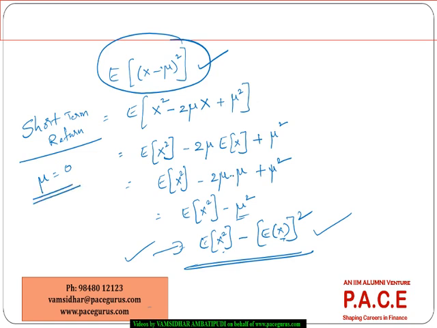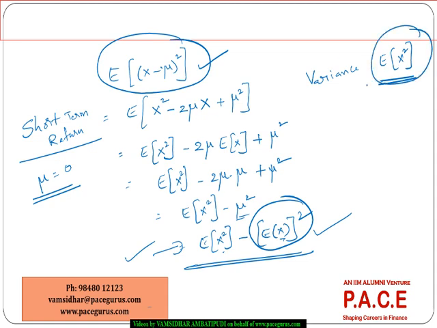If the mean return is zero, then this part becomes zero. So variance is nothing but the expected value of the squared return. So it's nothing but the mean of the squared returns that we are calling variance, especially when the mean is closer to zero.